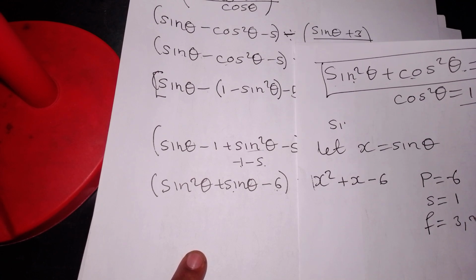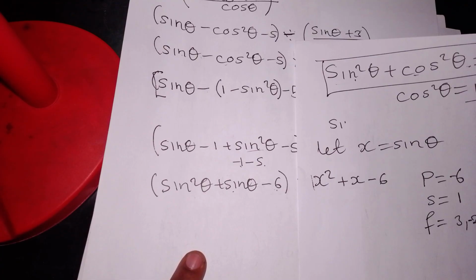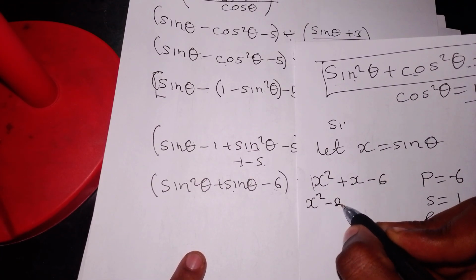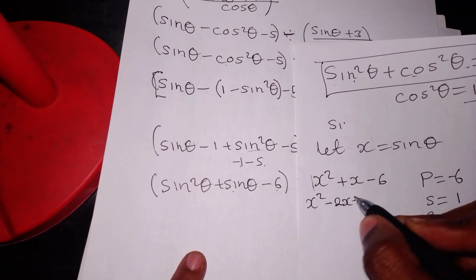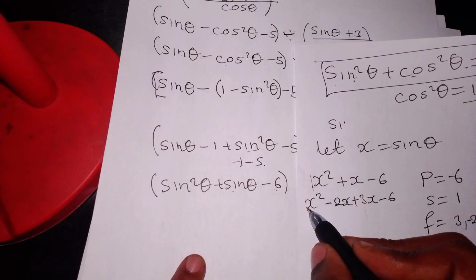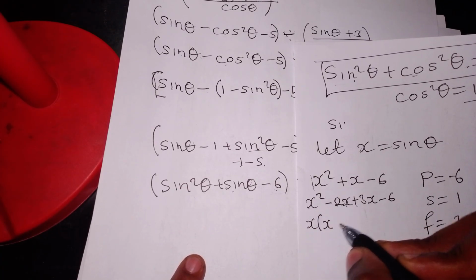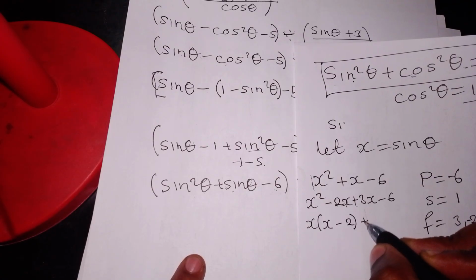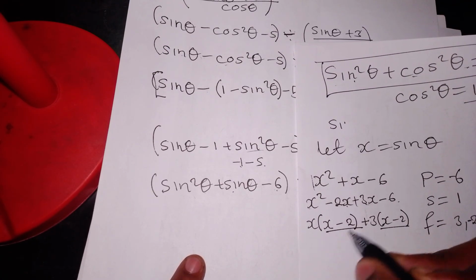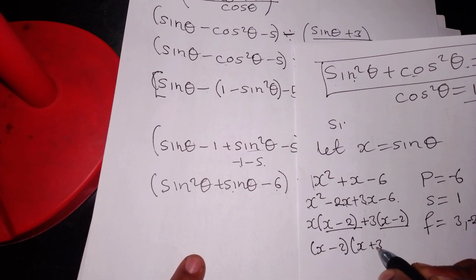this should be 3 and 2, and then because this is positive, I can negate this. So this one will be x squared minus 2x, and then plus 3x minus 6. Then you can factorize this. So this one will be an x, then an x minus 2 plus a 3 and x minus 2, and then these two are common, so you can factor them out so that you have this.